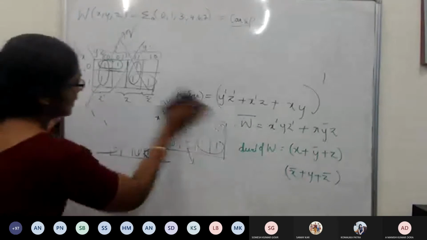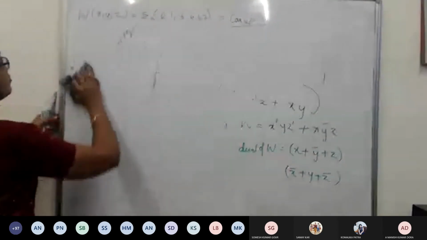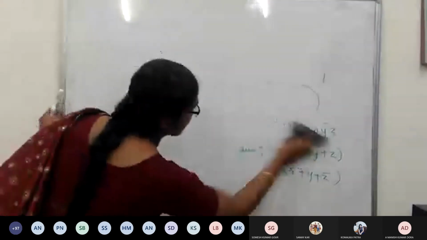So just for practice, let us keep a function and try to work out its reduced form. Okay, now take down. Please take down a 3 variable function. Consider a 3 variable map whose min terms available are 1, 3, 6, 7, and 0.